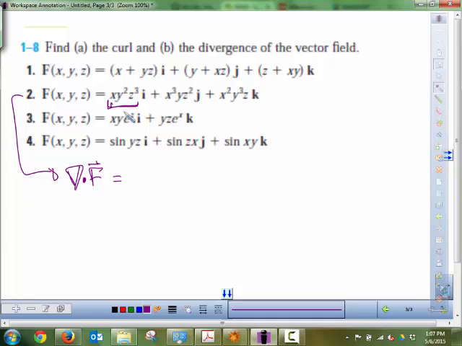So the derivative of that with respect to x looks like it's just y squared z cubed. Plus the derivative of the second component with respect to y, it's just going to be x cubed z squared, plus the derivative of the last one with respect to z, x squared y cubed. And then we're done.